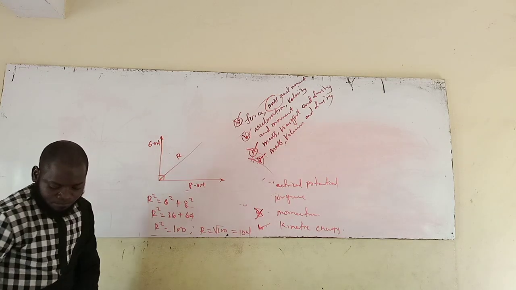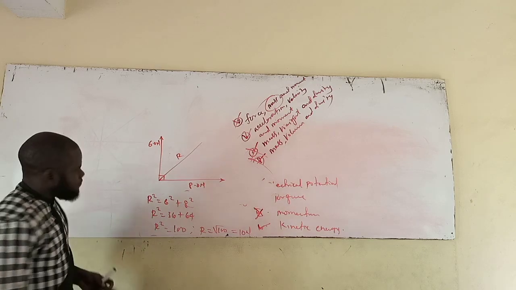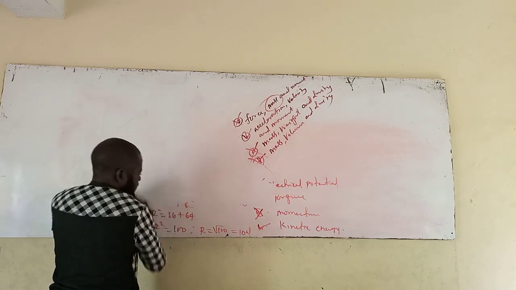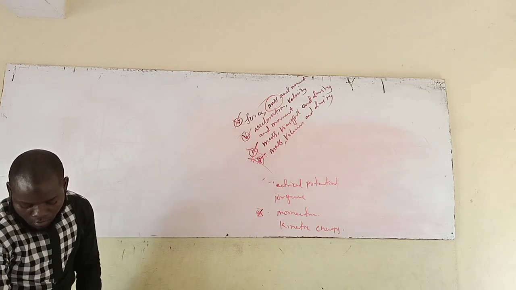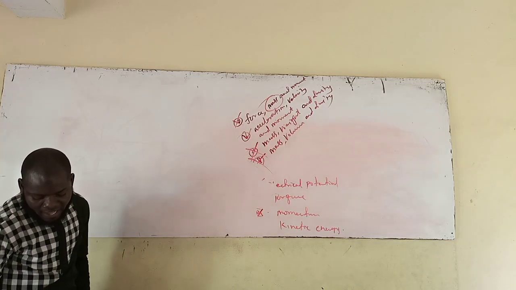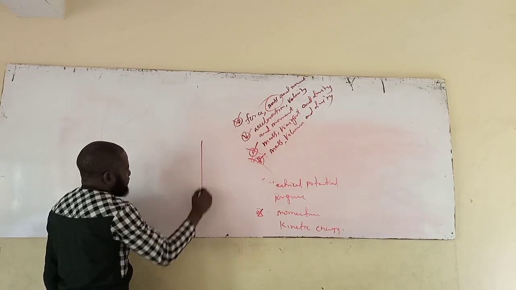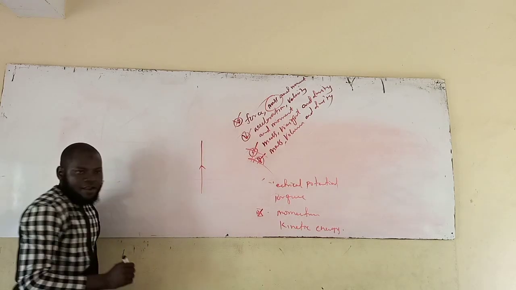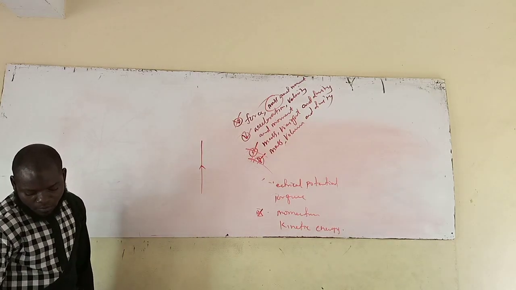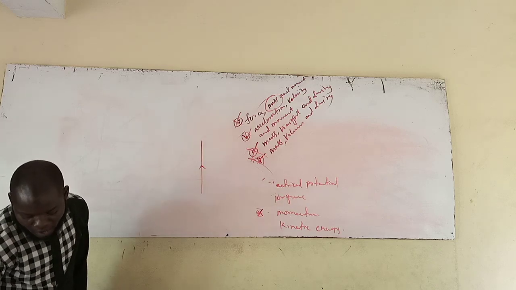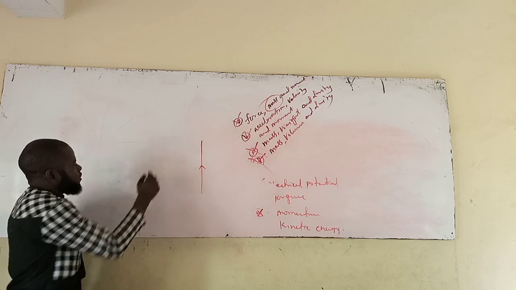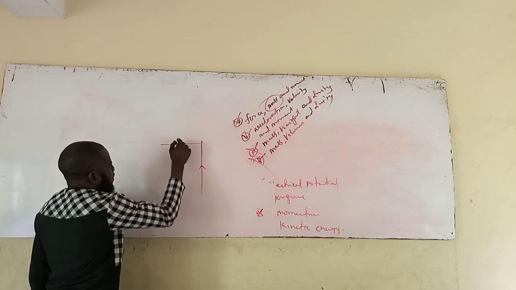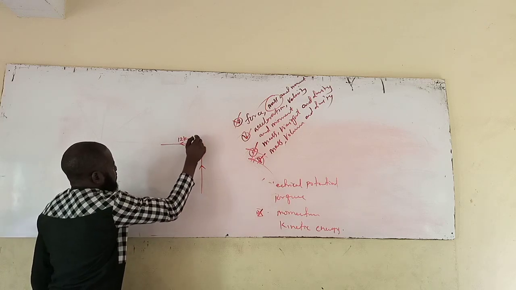So now let's see. Okay, we have that the water is flowing in this north direction. Are we together now? And we have the river flowing in this direction of 12 knots.